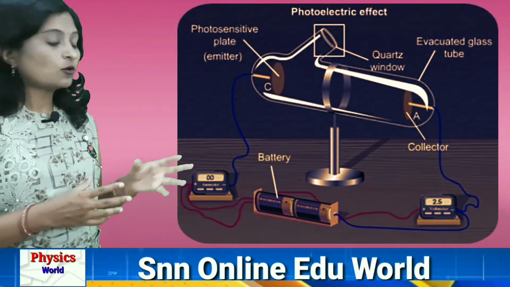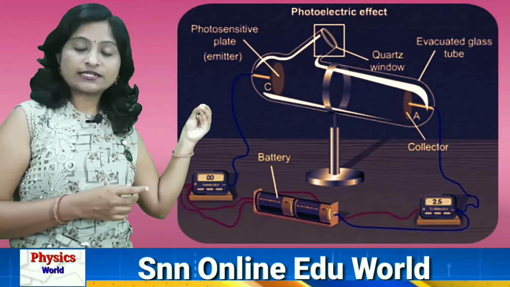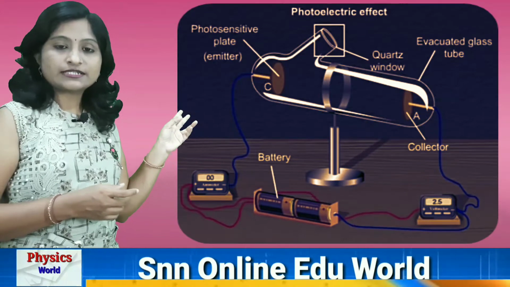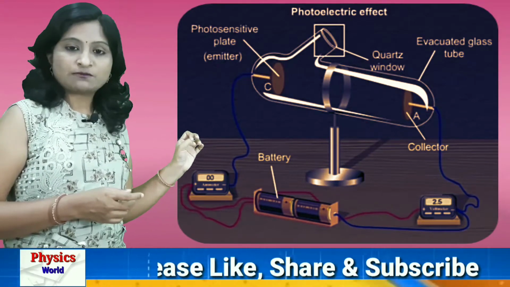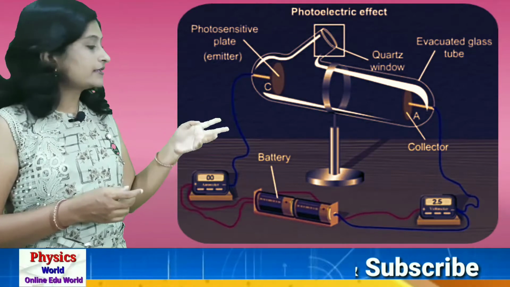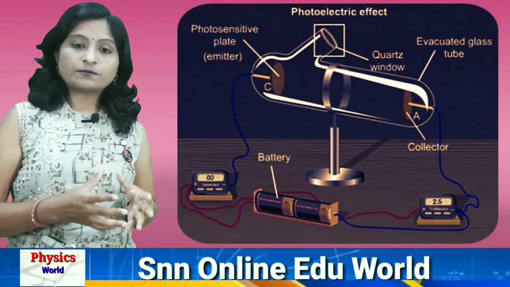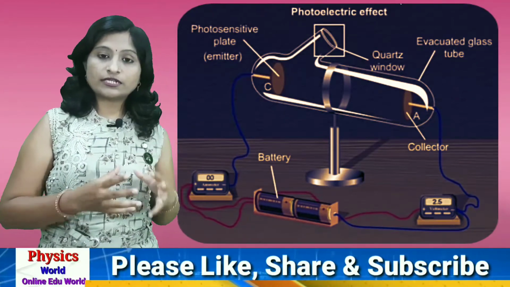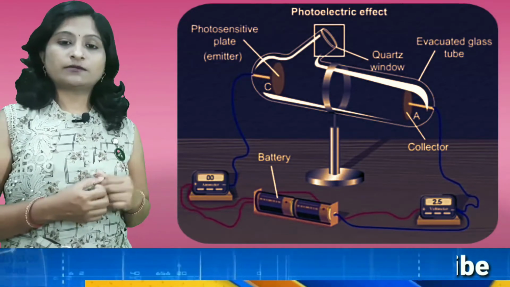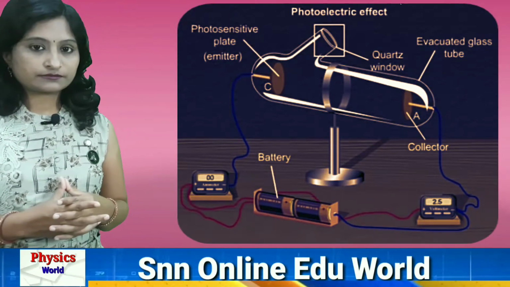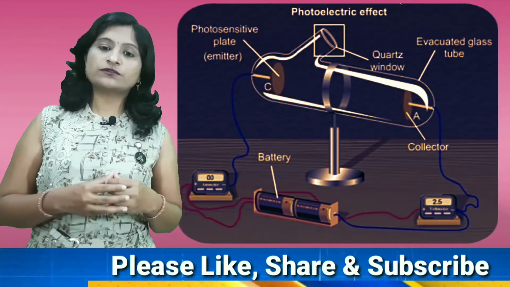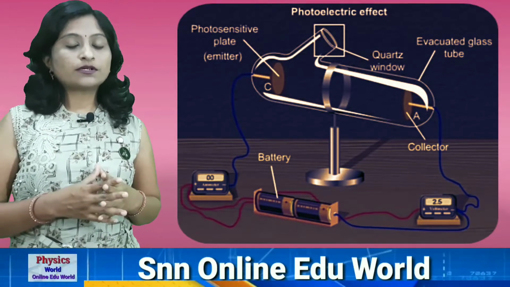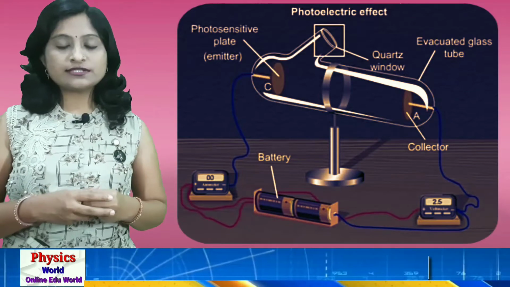Now this cathode and collector are externally connected with the help of a circuit. In that circuit, observe the current meter and the battery, meaning an external power supply, connected between the cathode and the anode, that is, the collector and the emitter. This battery gives the proper potential difference and proper polarity between the two plates.